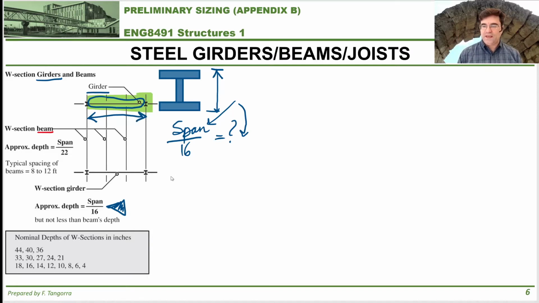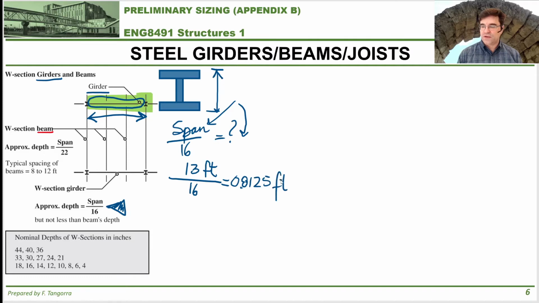So let's pretend that in our case, we're going to do our first example with imperial units. Let's pretend that dimension is 13 feet, okay? And based on this rule of thumb, we take that span divided by 16 to get 0.8125 feet, right?